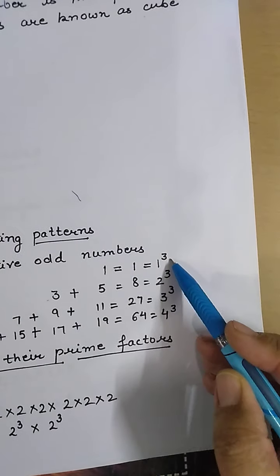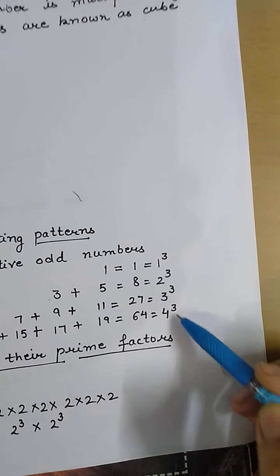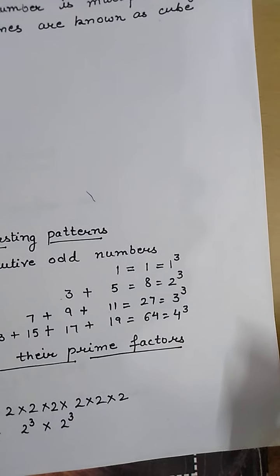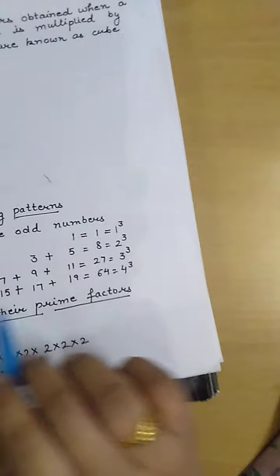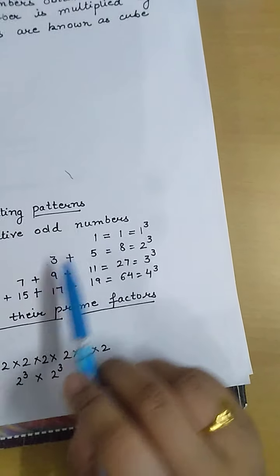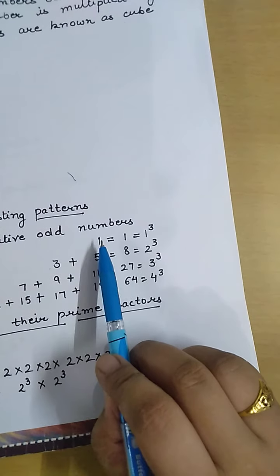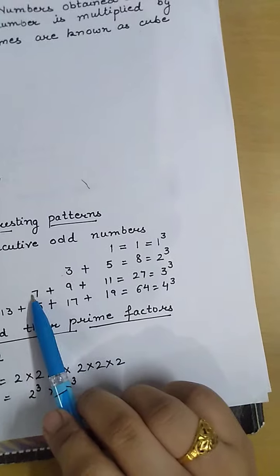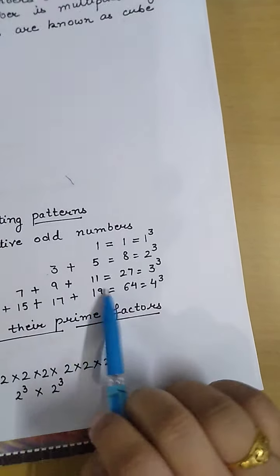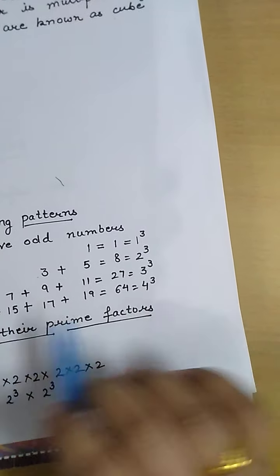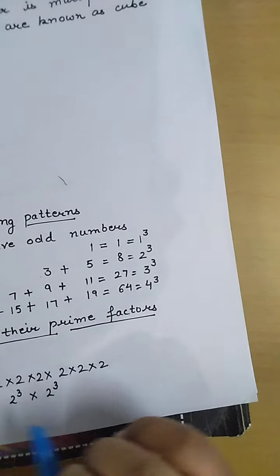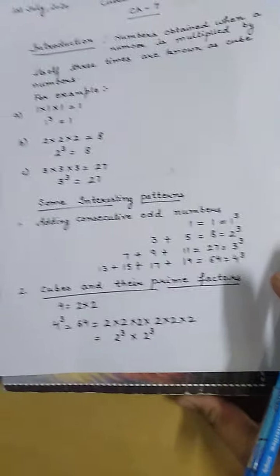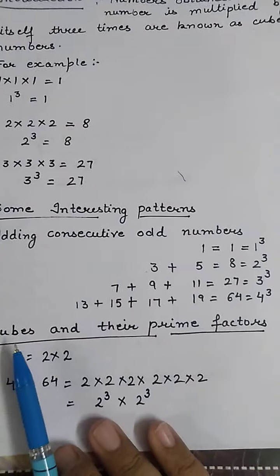So see here 1 cube, 2 cube, 3 cube, 4 cube. Similarly, you can find 6 cube, 8 cube and 10 cube also by writing the consecutive odd numbers. See here how many odd numbers are used in each step: 1, then 2 odd numbers, then 3 odd numbers, then 4 odd numbers. For 5 cube, you have to write the next 5 odd numbers. Similarly like this.